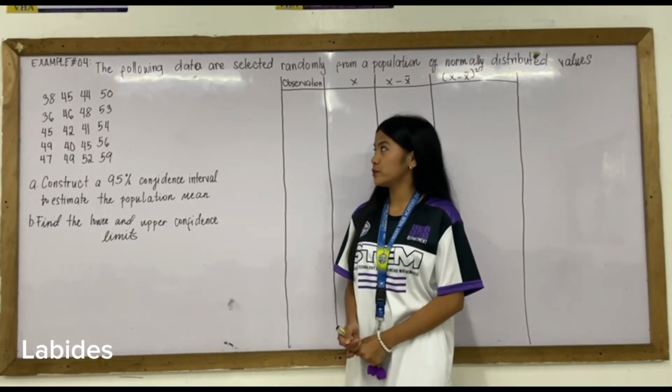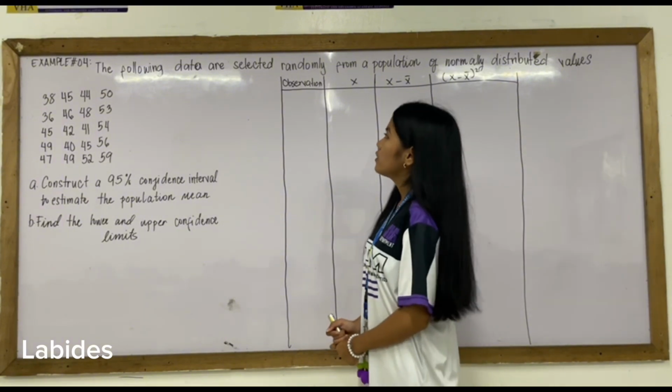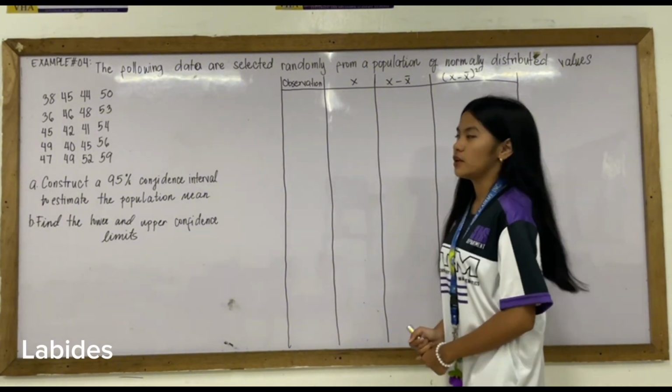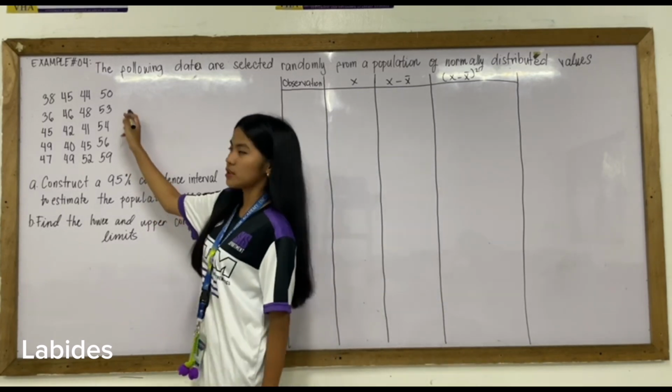Now let's move on to example 4. The following data are selected randomly from a population of normally distributed values. So you have here our samples.